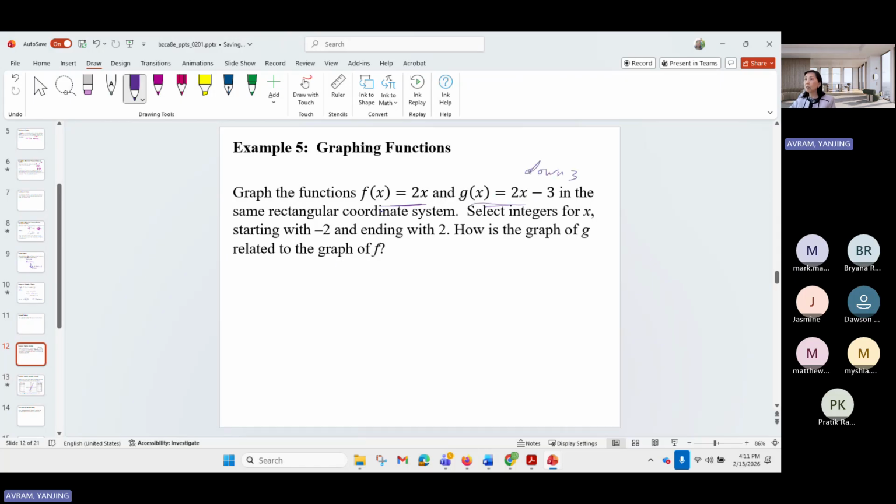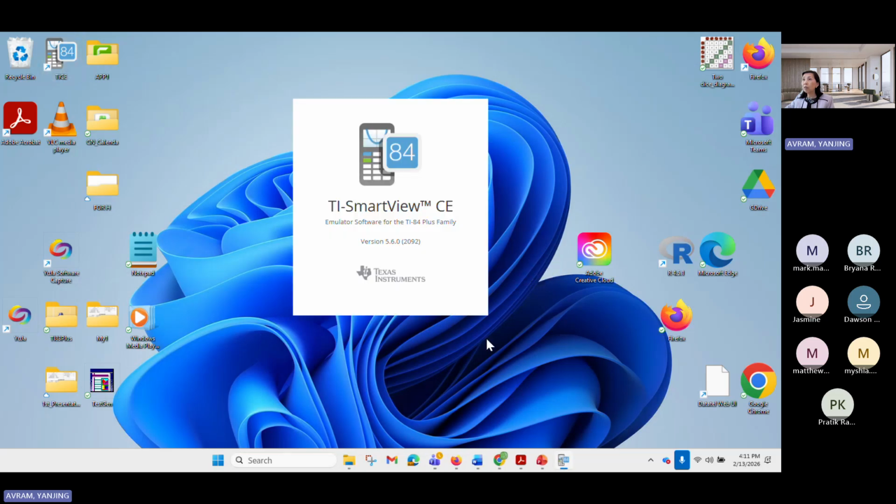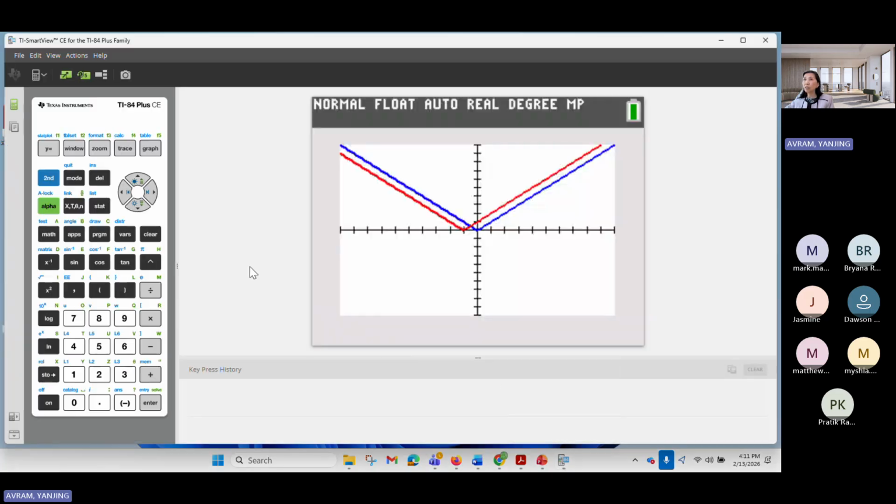The g of x graph is the f of x graph moved down 3 units. So we can put it in a calculator and graph them very quickly. We also need to know how the function moves in this kind of situation. These two are pretty much parallel.